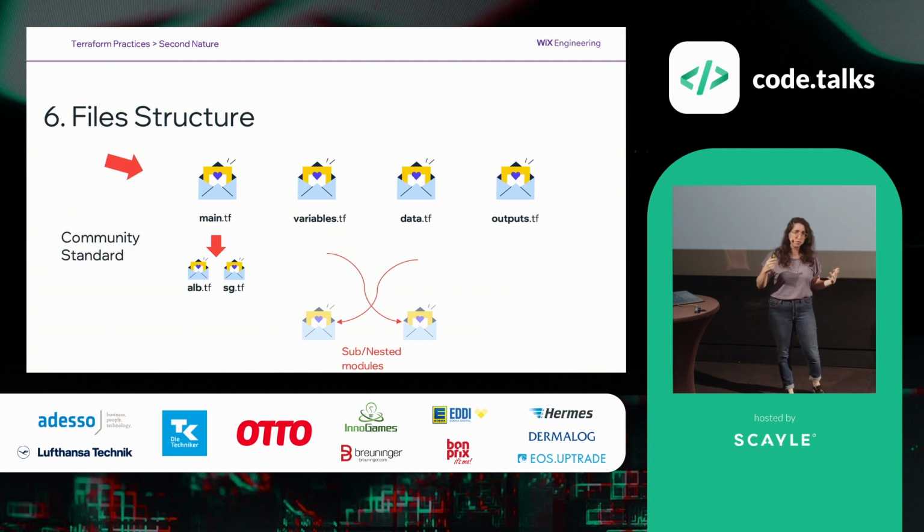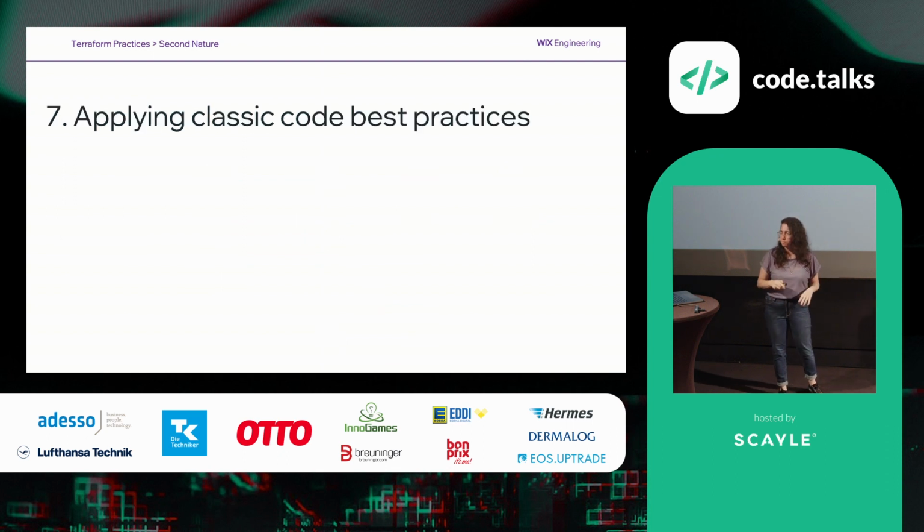And if you manage to create a complex module, you should really consider separating it into submodules, because that way it will be much easier to maintain, and you can also reuse parts of that. So also from community examples, the VPC module has a submodule of VPC endpoint, and the EKS module has a submodule of the creation of the node pools.